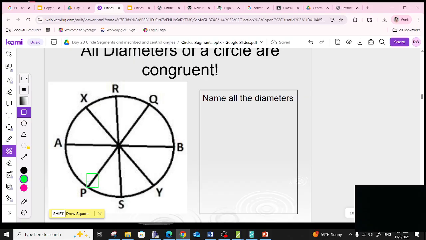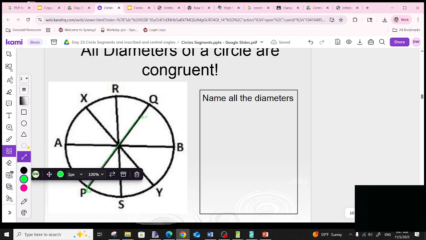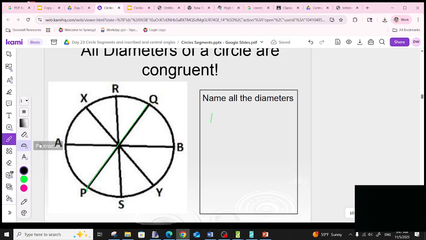Okay, here's one. That's not what I wanted to draw. I wanted to draw this. So you told me PQ? I heard PQ. I hear RS, XY, AB. Okay.